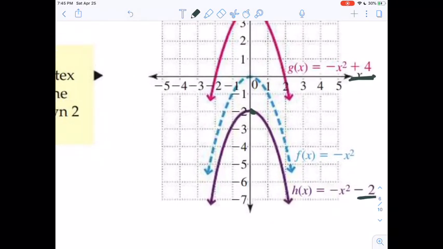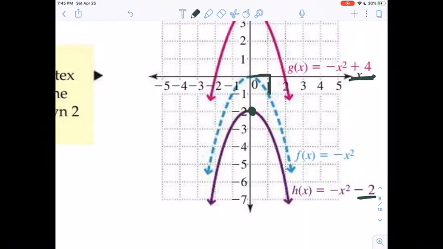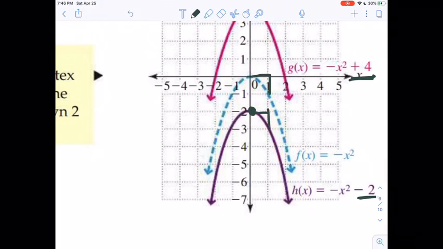In this basic graph, if I want to get to my next point, I go 1 to the right, 1 down. Here, in this purple graph, I should be able to do the same exact thing to get to the next point. So I'm going to go right and then down. I'm ending up still at the same shape. It's just shifting. This point is at negative 1, 1.